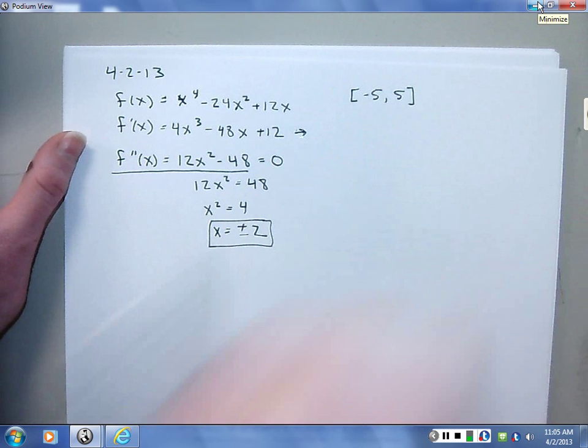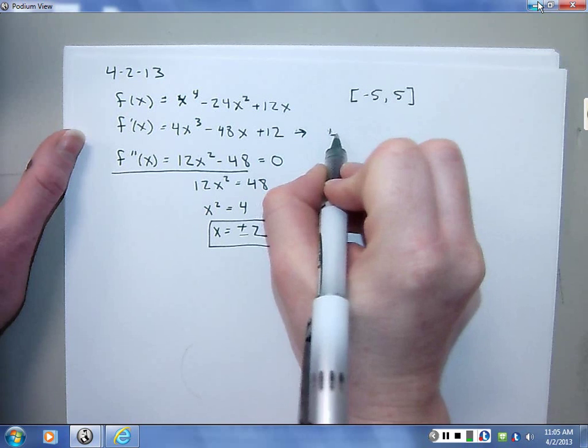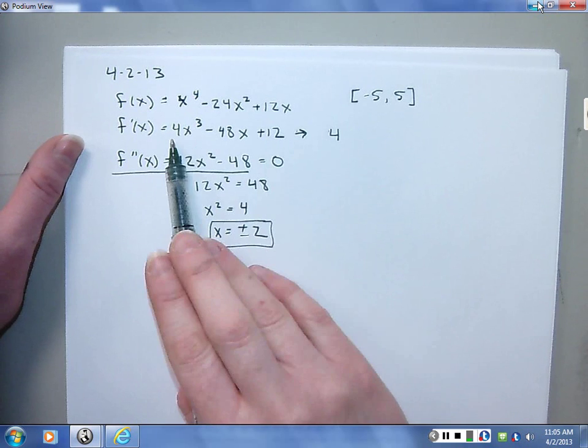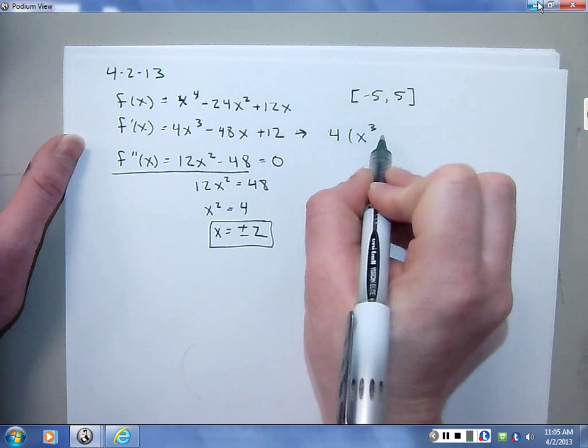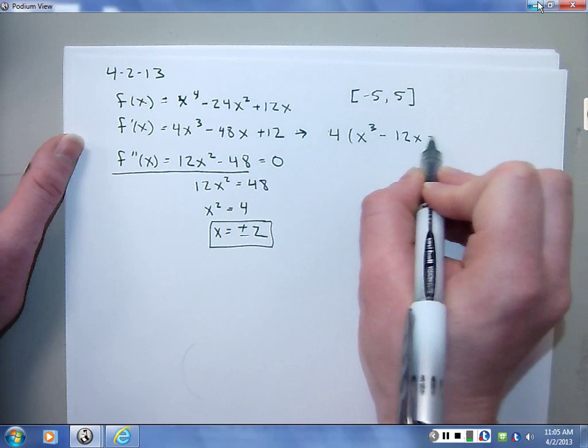So if I factor out a 4, this is a cubic, right? So using the rational root theorem, possible factors are going to be in the form the factors of 12 divided by the factors of 4. But if I factor out a 4, I have x cubed minus 12x plus 3.